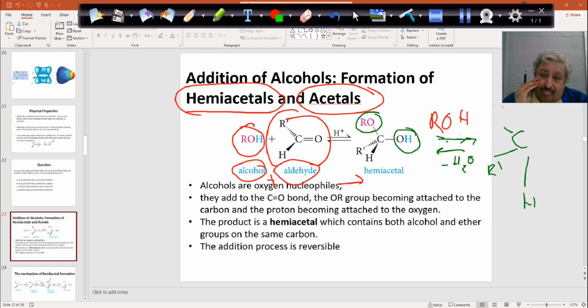The catalyst is always H plus. So what I'm getting out of this reaction is reversible, it goes this way and it goes the other way.